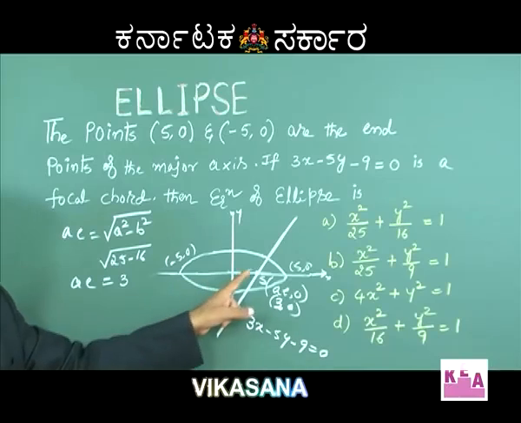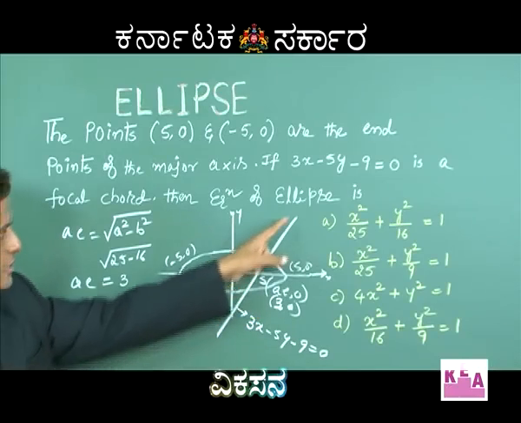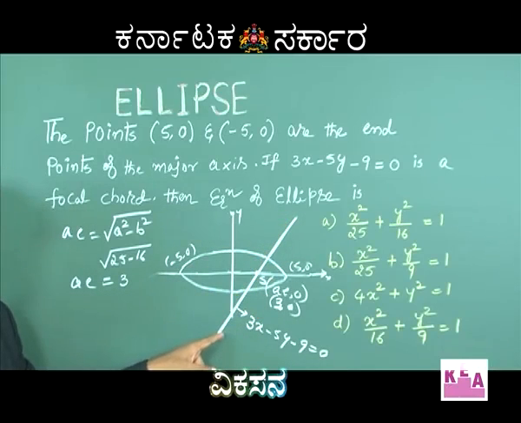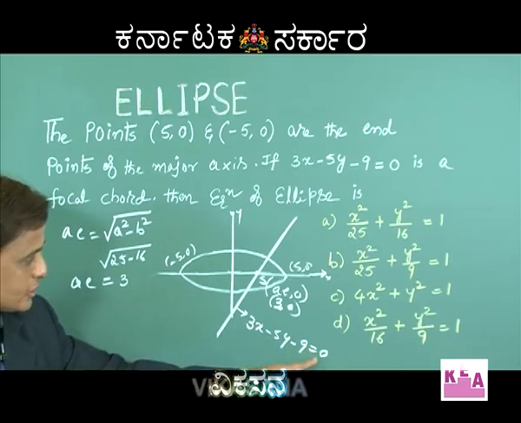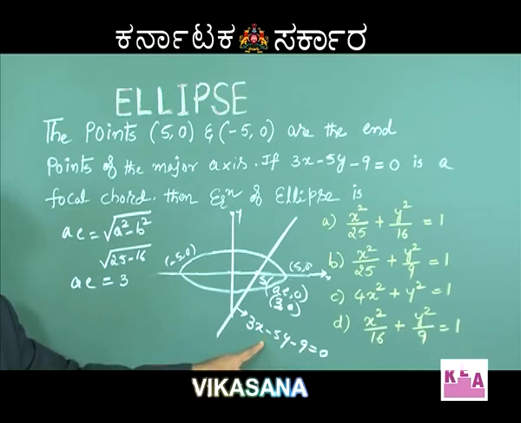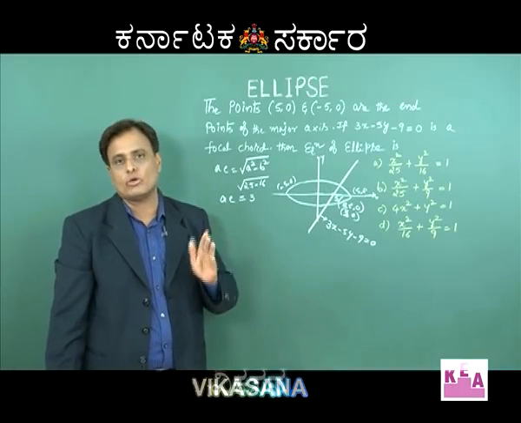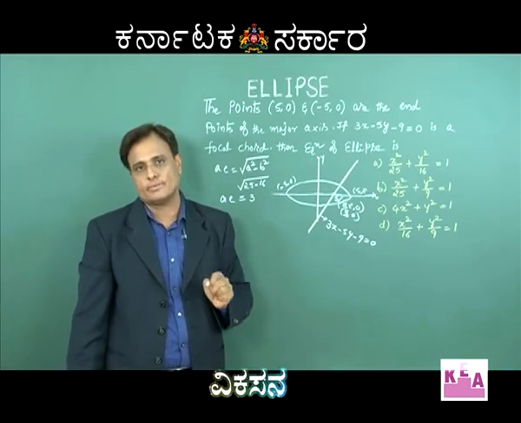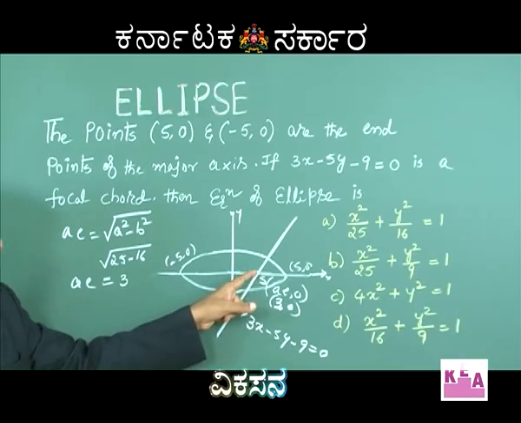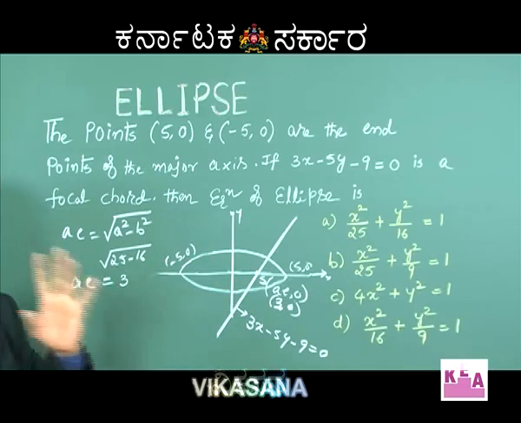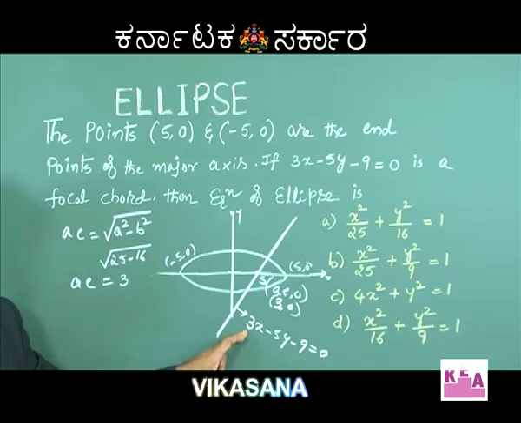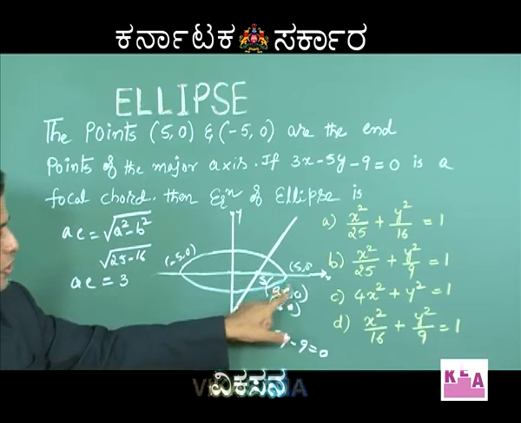Look at this. Since the focus lies on the line 3x - 5y - 9 = 0, because by the data, 3x - 5y - 9 = 0 is the focal chord. Focal chord means it passes through the focus. It is our duty to see whether it satisfies or not. But to check this, we do not know the value of ae.